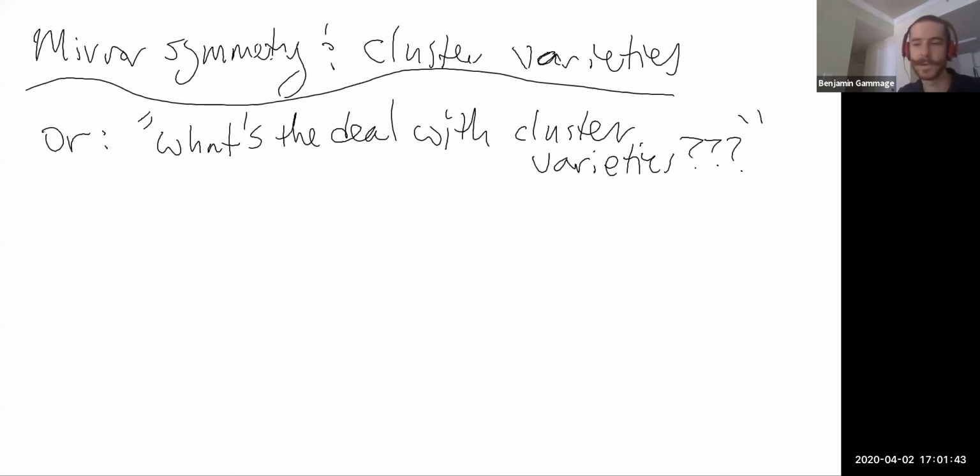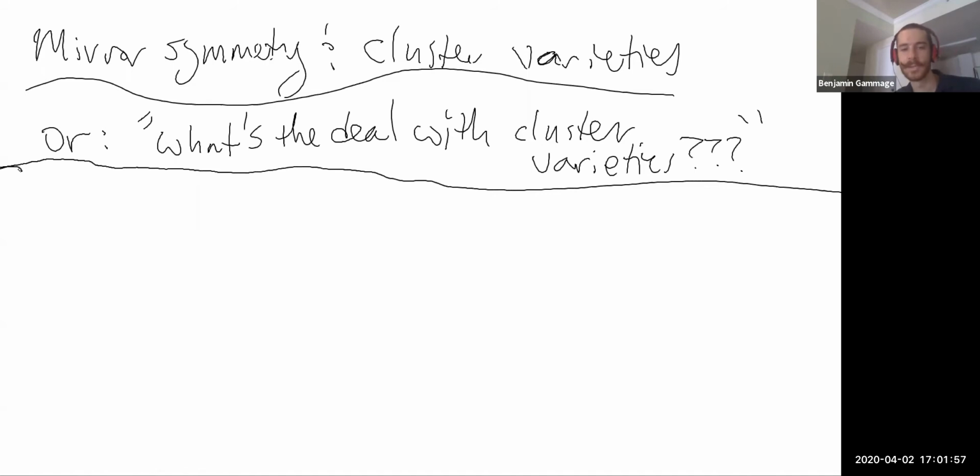I want the whole talk to be comprehensible all the way through, so I definitely want people to stop and ask me questions if anything seems confusing or if I've rushed through. This is a mirror symmetry talk, so I'll be spending time on both the symplectic and algebraic sides, hopefully in a way that's comprehensible to people who prefer one side or the other.